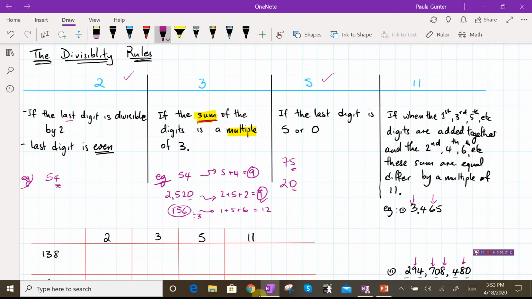So if I look at 3,465, it's the first, third, fifth, etc. So I'm looking at all the odd-placed digits from the highest place value. If I add these, 3 plus 6, we get a total of 9. I'm also going to add the second, fourth digits, and if we add those, 5 and 4, we get 9. If these sums are equal or differ by a multiple of 11, then it will be divisible by 11.